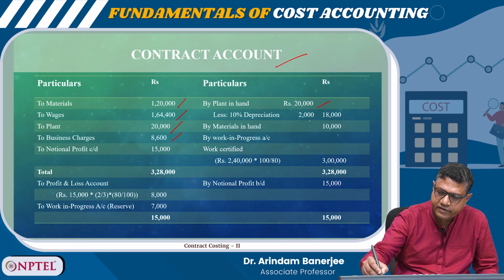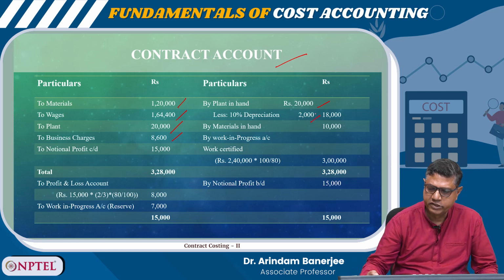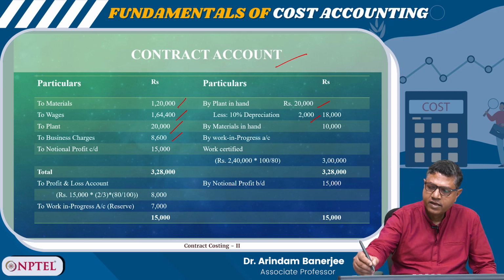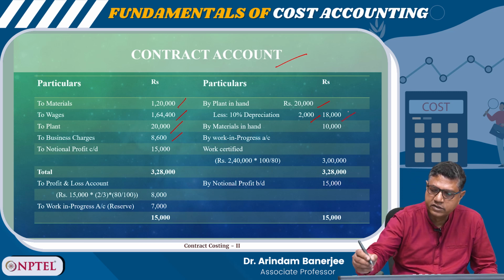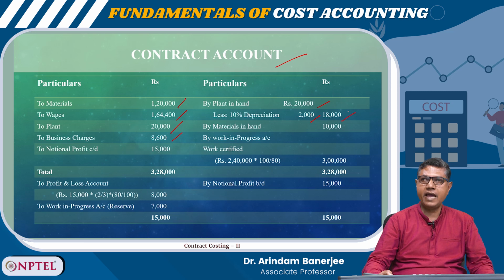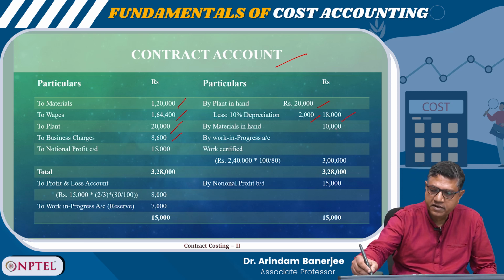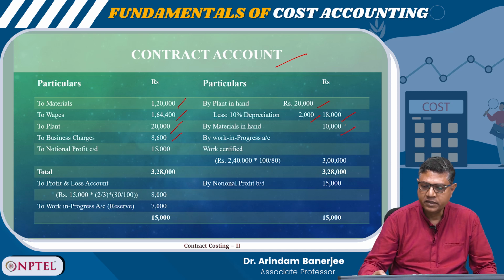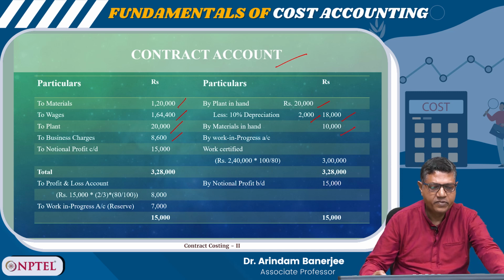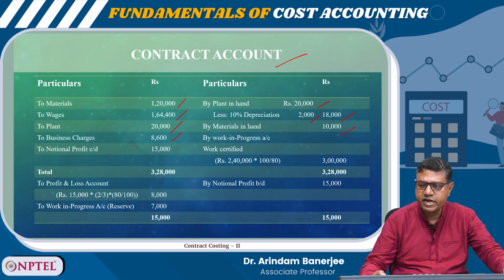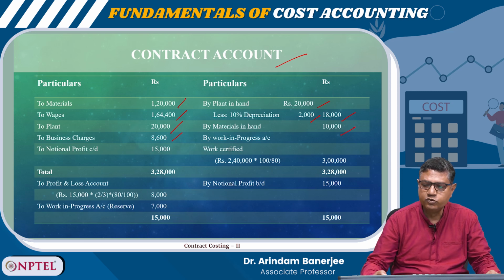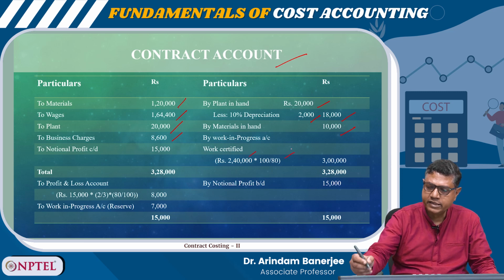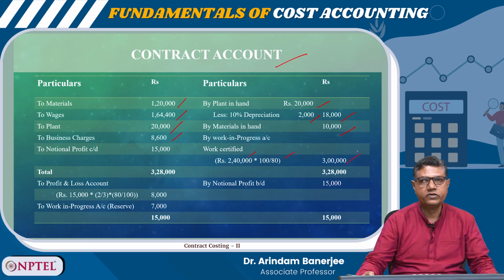So, if we deduct depreciation of 2,000, that is 10% of 20,000, then we will get 18,000, and materials in hand it is given, it is 10,000, right. Work certified is 80%, and the value is 2,40,000. So, 2,40,000 into 100 by 80, that is rupees 3 lakh, right.